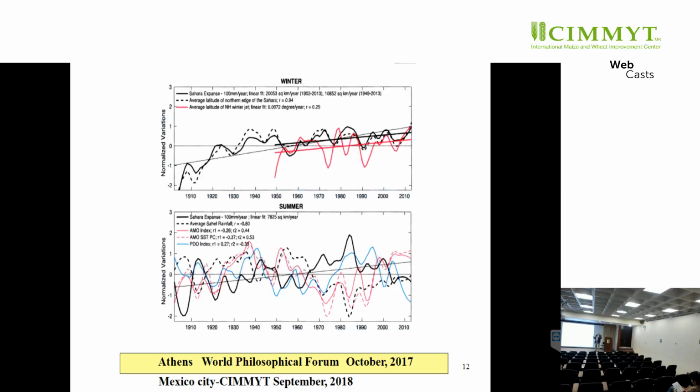So the Hadley cell at the equator describes the air going up by warmth, by heat, and moving down north of it, and probably south as well, and very strongly influencing the behavior of the Sahel and the north.